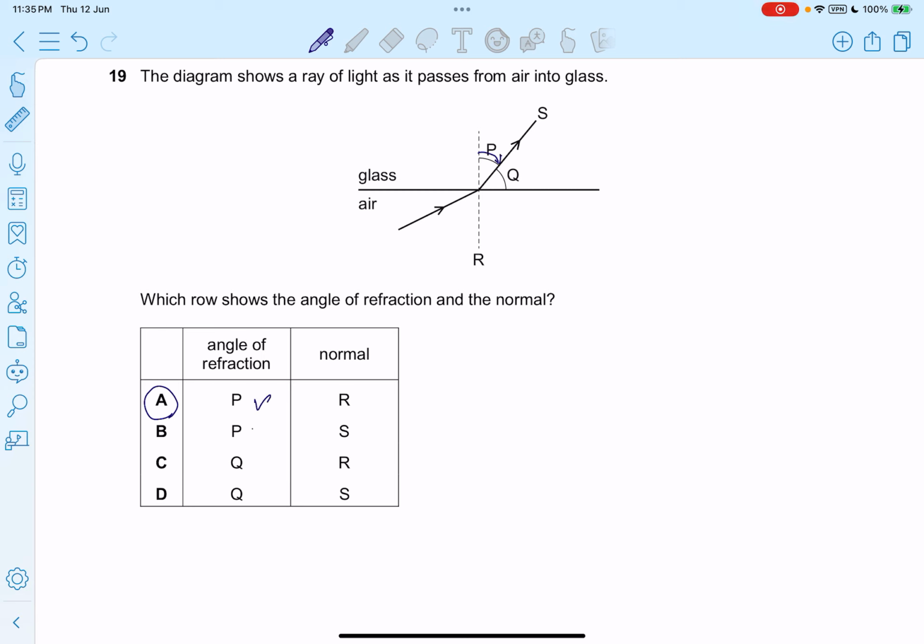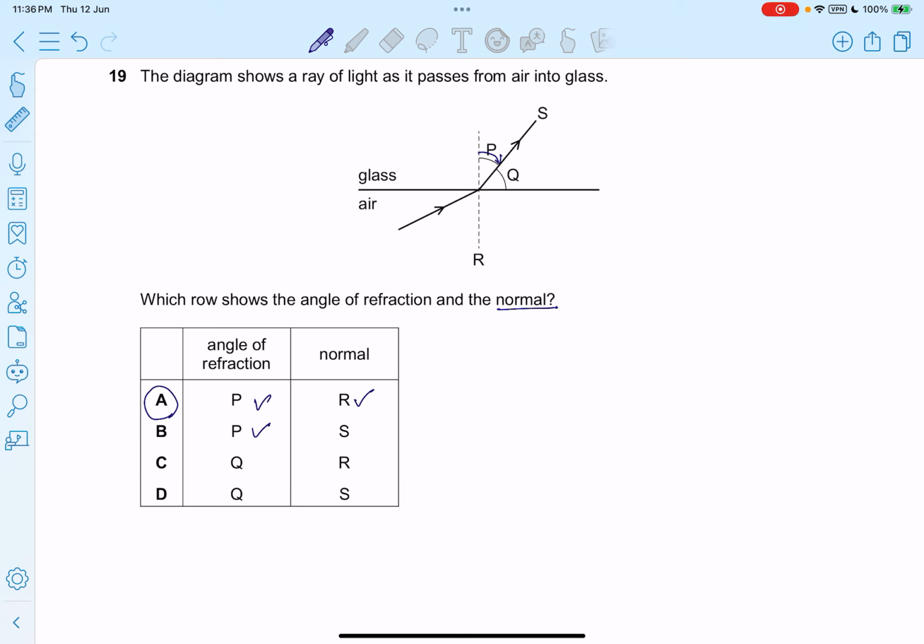So P is angle of refraction, and then the normal is between the two mediums, like the perpendicular line, so the normal line should be R. They labeled it R already, so R is the answer.